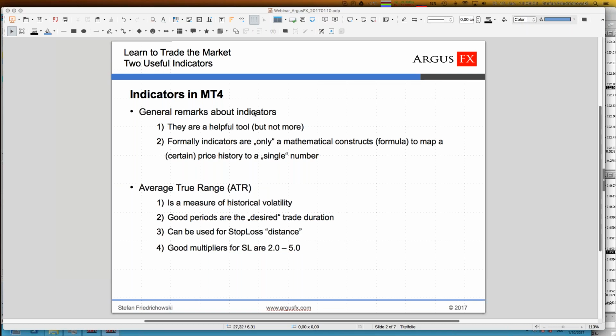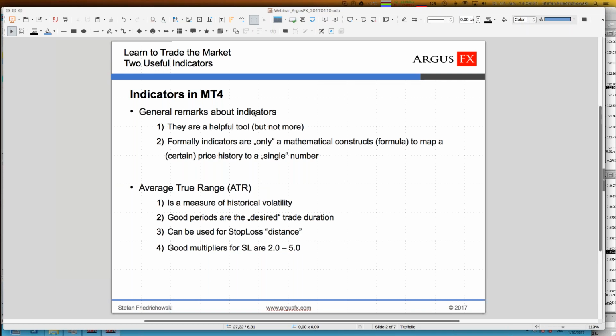It's always nothing else than mapping a certain history of price data to a more or less single number. Maybe it's not one number, but several numbers. So finally, all those indicators are related to the history of price, and that history of price is transferred or mapped into a number.